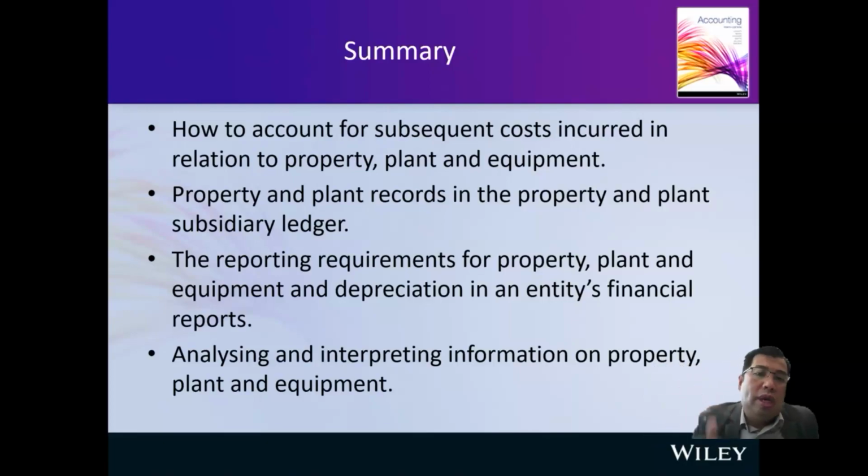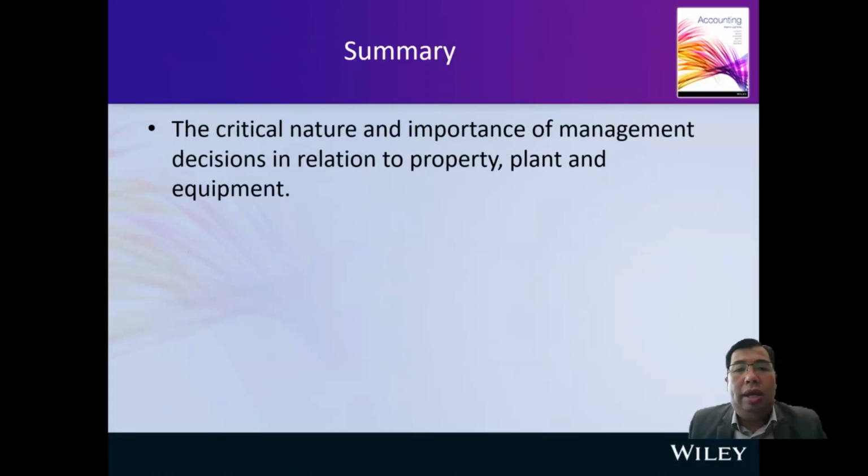We also covered how to account for subsequent costs, meaning costs after the acquisition date, and how to record property, plant, and equipment into ledgers. We have two ledgers: the cost and the accumulated depreciation. And how to report this, and also some ratios relating to property, plant, and equipment.